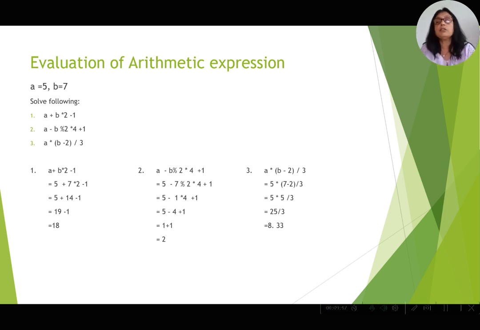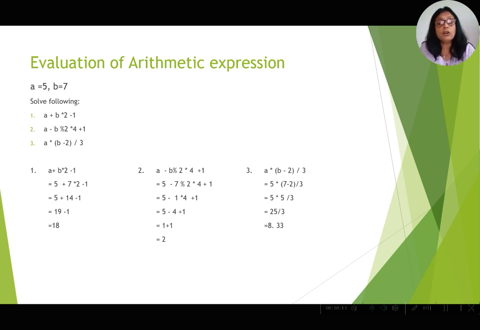Now come to the third one: a into b minus 2 divided by 3. Now look here, which one is the higher priority? As I told you, parenthesis is the highest priority. So the subtraction inside is first. B value is 7, so 7 minus 2 will be evaluated first, that is 5.